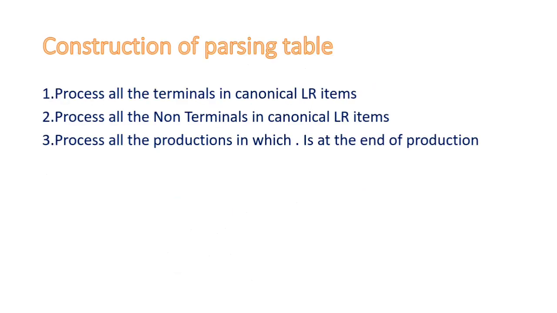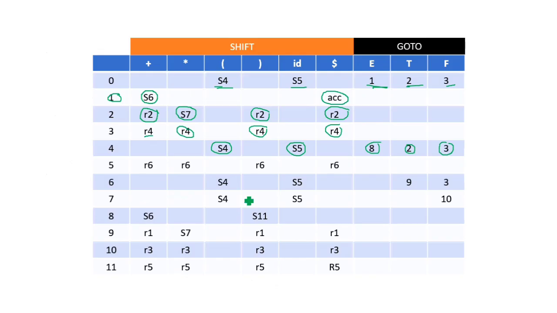So in follow for F, we have to write R6. So in item set 5, we write R6 in plus, R6 in star, R6 in close brackets, and R6 in dollar.